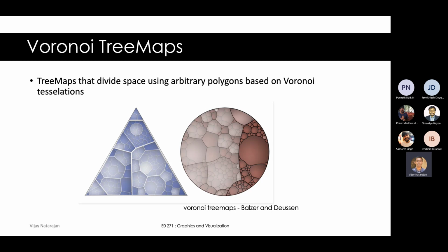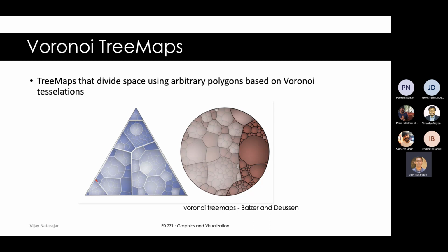So the space is partitioned in a Voronoi diagram depending on the weight of that particular point. If you look at the figure on the left, you can look at this triangle, and the triangle is decomposed into these few regions that you can see at the first level.